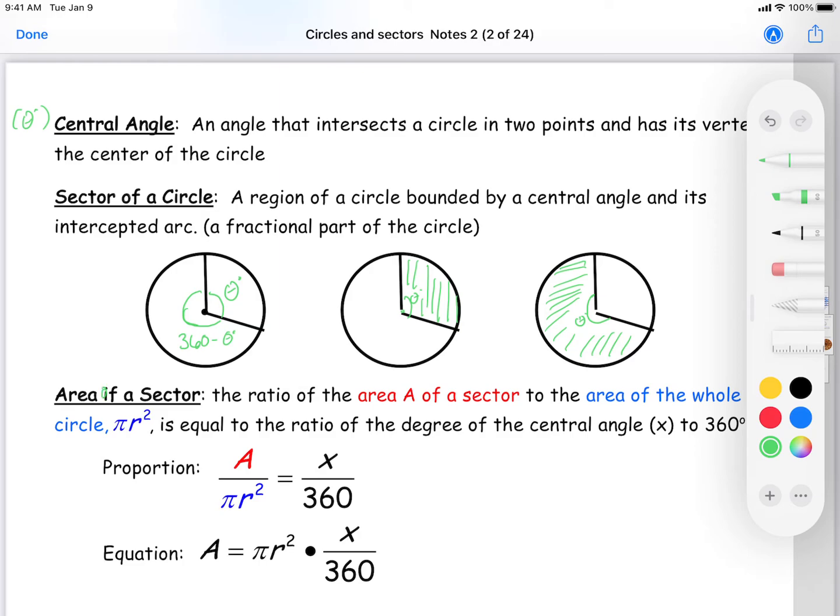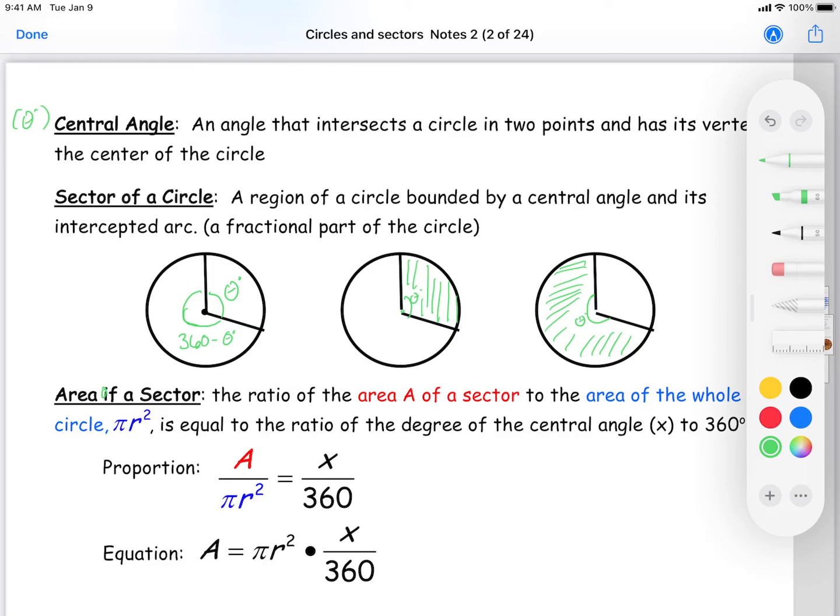So if I want to find the area of a sector, think about it this way. Remember that a degree, the very definition of what a degree is, is 1/360th of a circle. So if it's 1/360th of a circle, that means it's really one portion of a circle.